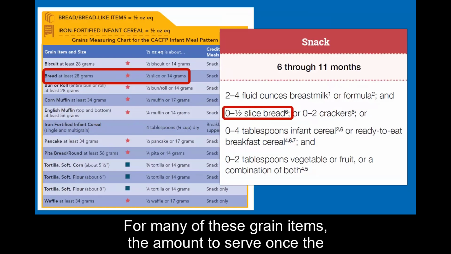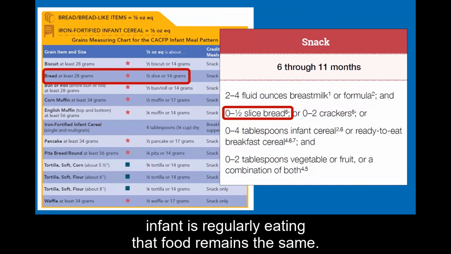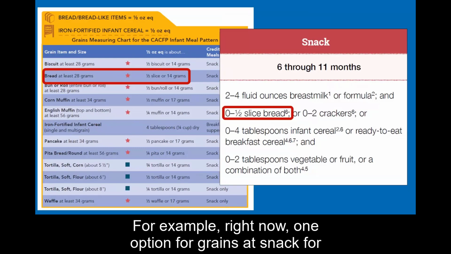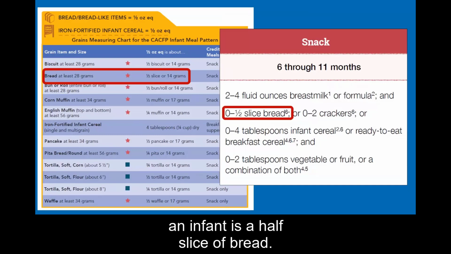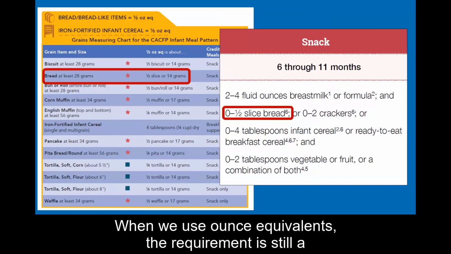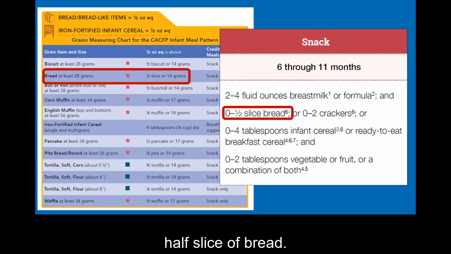For many of these grain items, the amount to serve once the infant is regularly eating that food remains the same. So for example, right now, one option for grains at snack for an infant is a half slice of bread. When we use ounce equivalents, the requirement is still a half slice of bread.